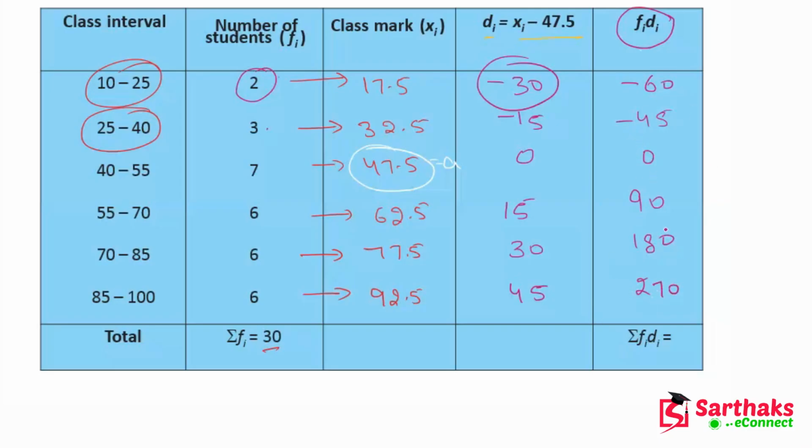Now we have to find the sum, the summation of fi di. If we add all these entries, we get 435. Now, my dear friends, we have to find the mean of the deviation.